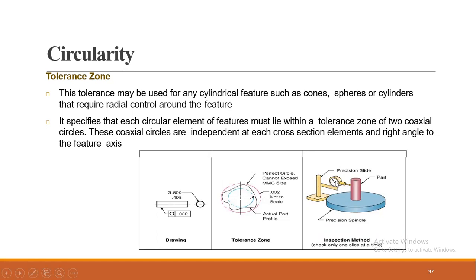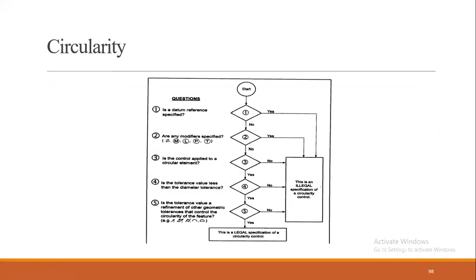If the gauge deflects, you will get a deflection on the part. If the deflection is within our acceptable tolerance, here 0.002, then it is acceptable. If not, then we have to reject it.